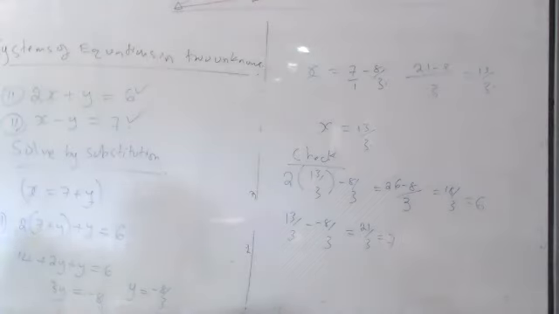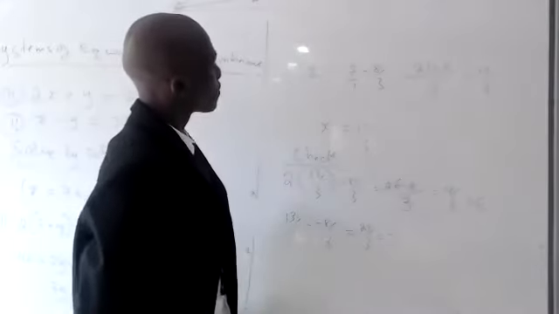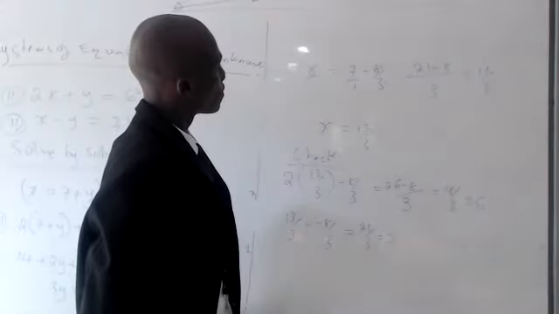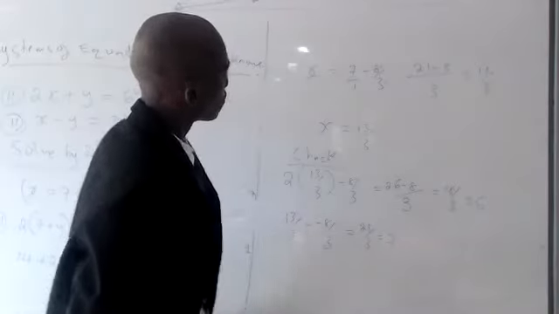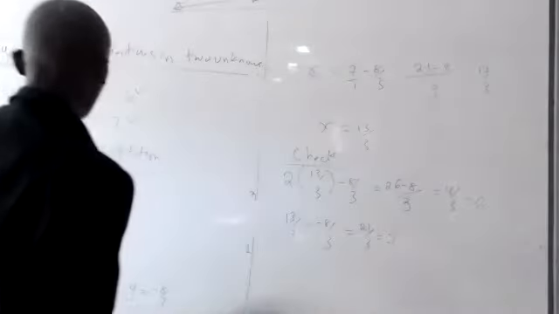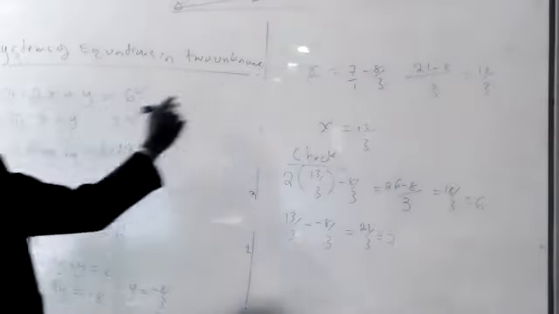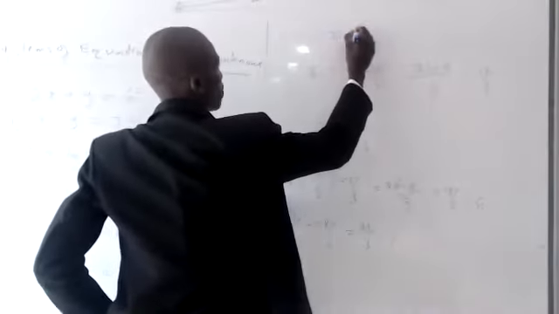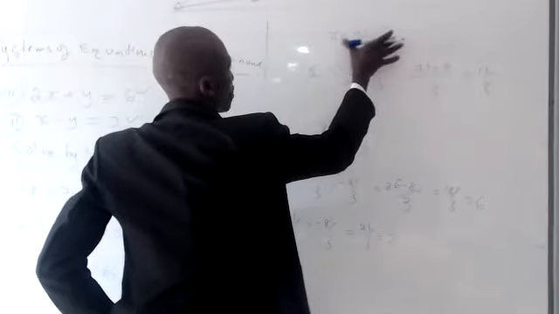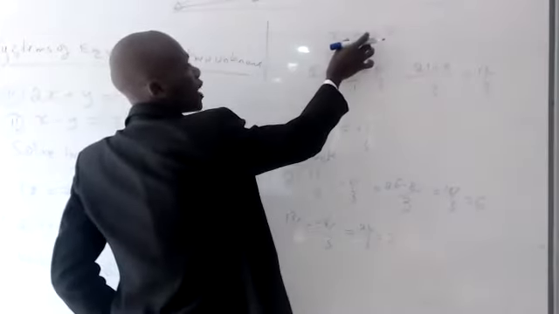Yes. Back to where we have written x is equal to 7 minus 8 over 3. I also thought that it was going to be 7 minus 8 over 3. Or did we just substitute the minus because there was a plus? So what happened is this. The second equation is x minus y is equal to 7. Are you able to see what I'm writing here? Yes, I can. Good. Then add y on both sides.